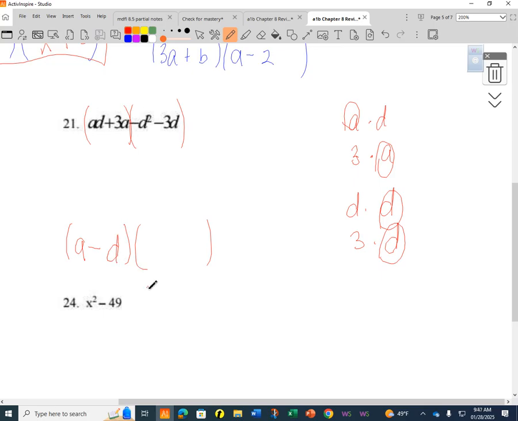Now what do we do? We divide. What do we divide? Divide what by A? The first group. The first group is divided by the first greatest common factor. What is AD divided by A, Keyshawn? D, that's right.